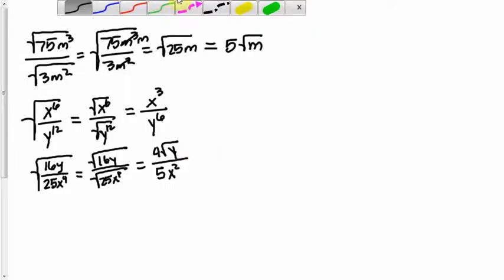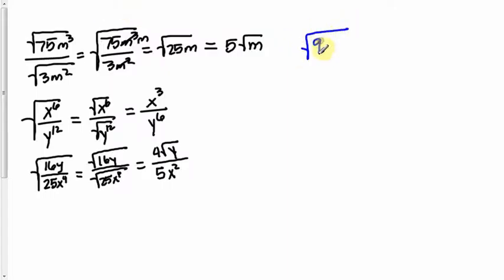Let's do another example. We have the square root of 98y to the 4th over the square root of 2y. If you see that they're in separate radicals but they have the same index, and you notice that one is divisible by the other, then you want to go ahead and put it under one radical and do that division to start the simplification process.